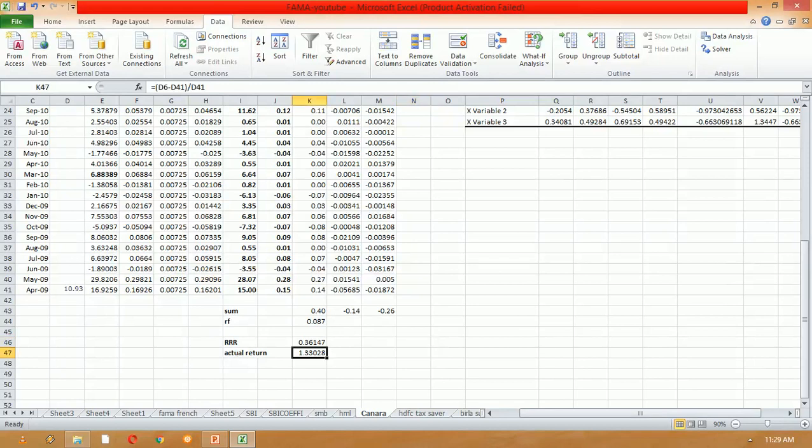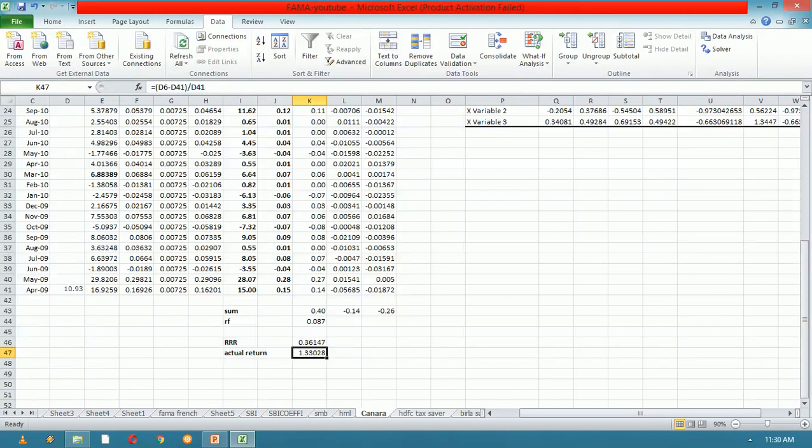And this we also have to calculate to compare. This is the actual return. I told you now that it has already been taken. That is, current return minus previous return, divided by previous return. This is the formula to calculate the rate of return. So this has been calculated. See, the required rate of return for Canara Bank is 0.36, but the actual return is 1.33.